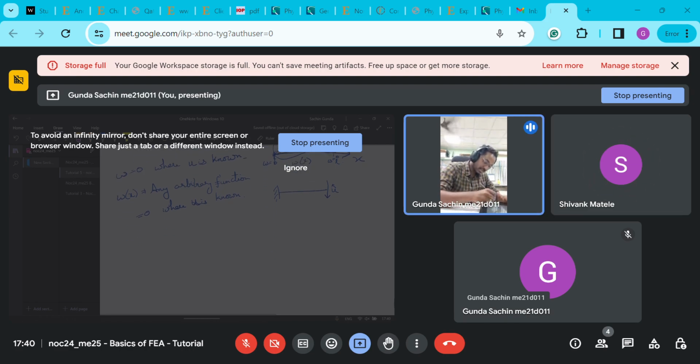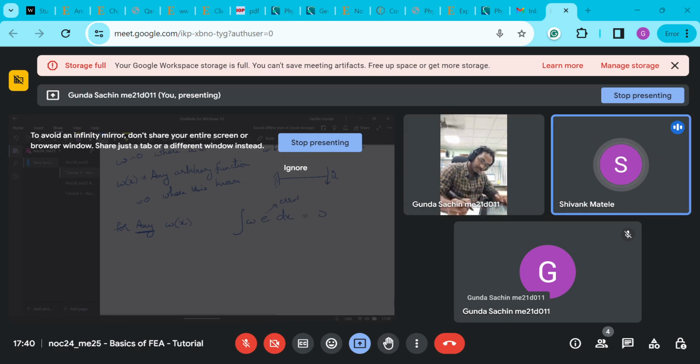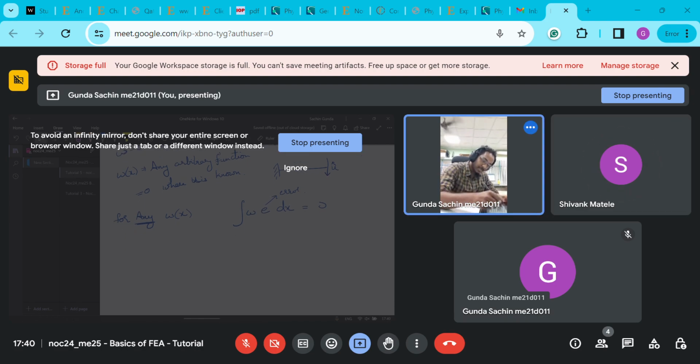Because we say that for any arbitrary W of x, the integral of W times error dx is 0.